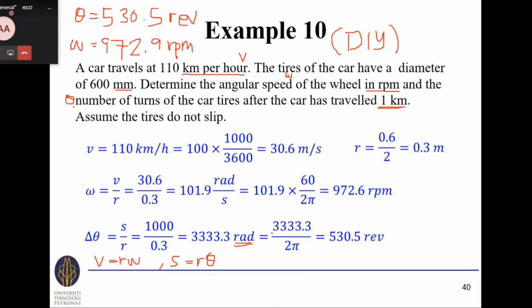You change the displacement to revolutions, so you will get 530.5 revolutions. That means in 1 kilometer distance, it has rotated 530 times.